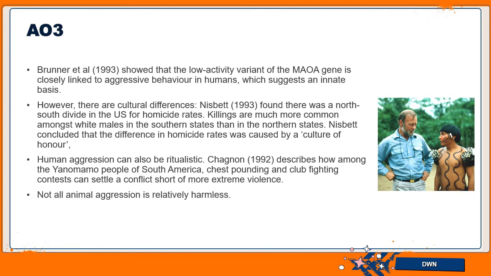This idea that animal aggression is ritualistic is a nice idea, but as plenty of research has shown, specifically Jane Goodall's research on chimpanzees, actually chimpanzees show some pretty harmful aggression, and they're very, very similar to humans. They go to war, and when they go to war it is with the aim of causing specific aggressive harm and killing each other.